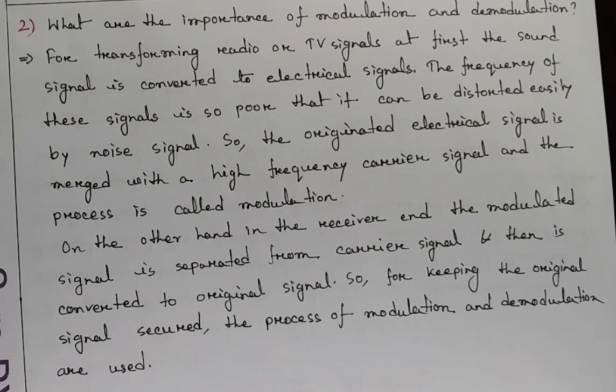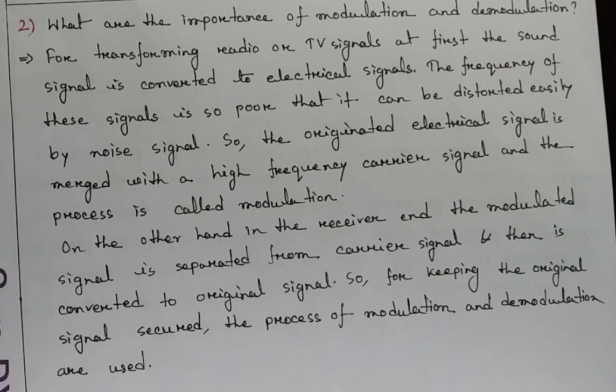And the process of this merging, that means the process of combining the main signal with the carrier signal, is called modulation. And this modulated signal is then transmitted in some ways and sent to the receiver.